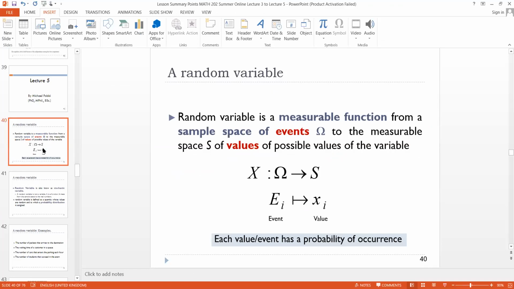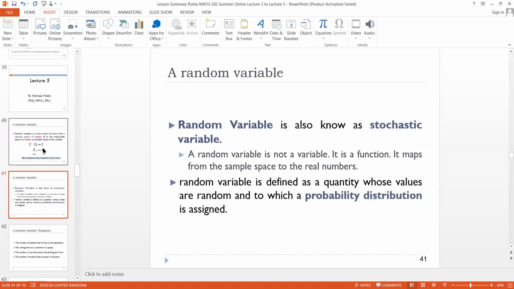In summary, we say that this is a function which maps the sample space to real number values.